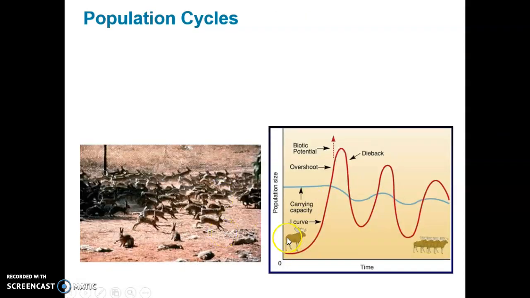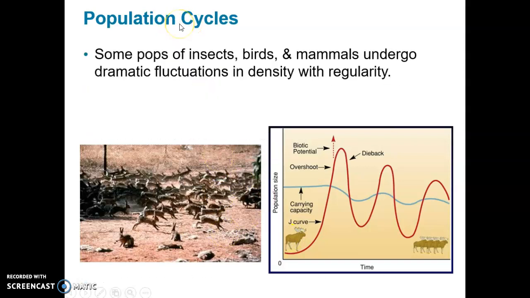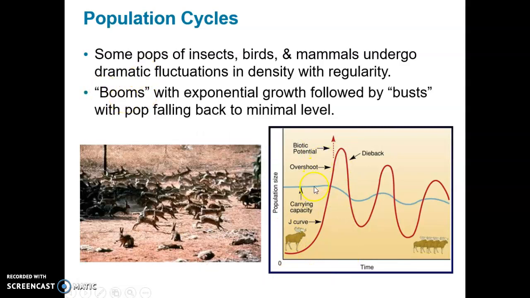So let's look at population cycles and how population numbers change over time, or how they may change over time. So some populations of insects or birds and mammals undergo dramatic fluctuations, where the populations can rise somewhat rapidly, can decline, rise, and decline. Sometimes it's called boom or bust. So booms are exponential growth, followed by busts, population declines or diebacks, back to a minimal level, and back and forth.